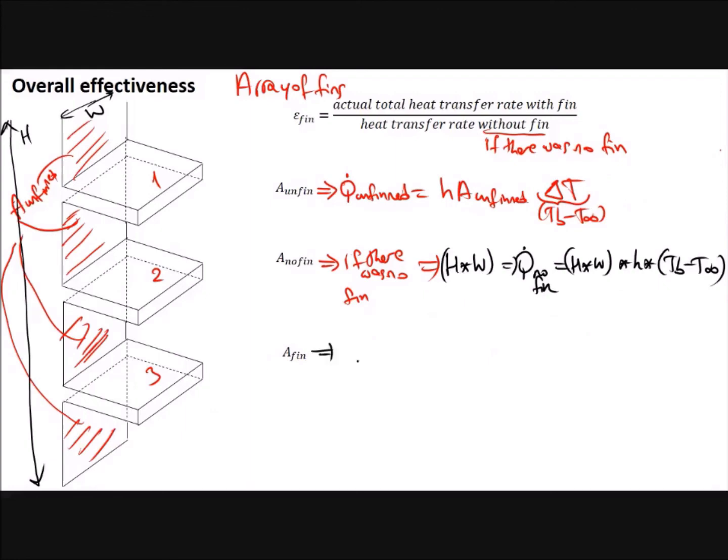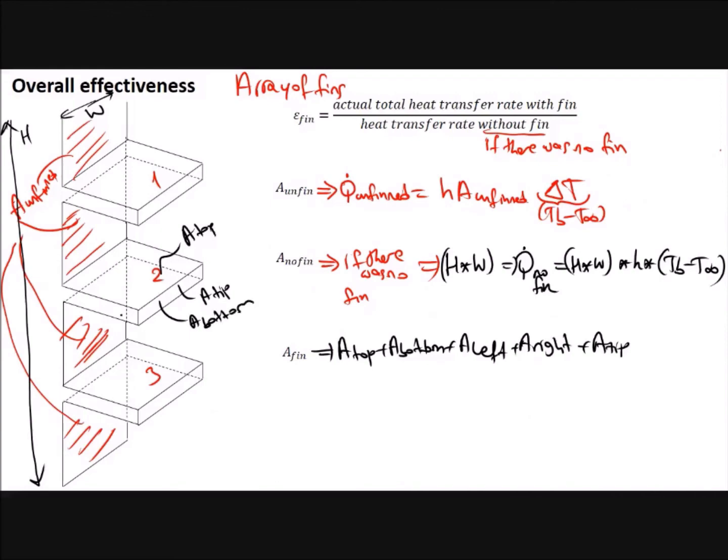Now comes the fin area. You will have the fin area as area top plus area bottom plus area left plus area right plus area of the tip. So this one is area tip, this one is area top, this one is area bottom, this one is area left, and this one is area right.